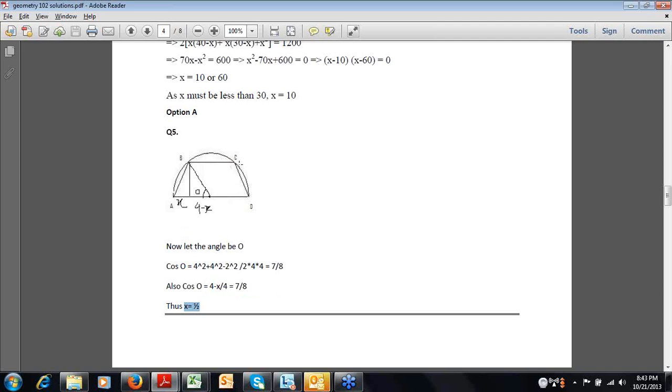If this x is half, similarly we can have a construction like this, so this will also be x. So the value of BC is 8 minus 2x, and the value of x is half, so it is 8 minus 1, which is 7.